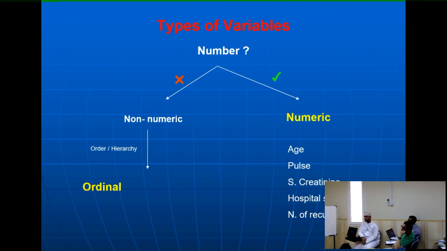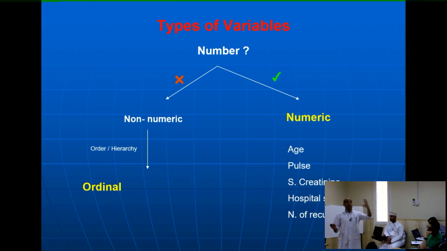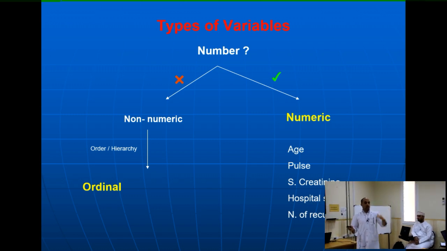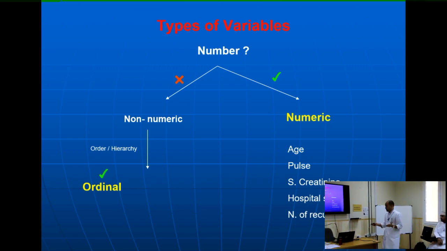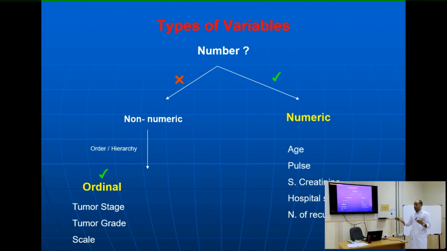Like stage, levels. Like grade 1 of the tumor, grade 2, grade 3. Stages of cancer, T1, T2, T3, T4. Can I say T1, T4, T3, T2? No, it is ordinal. Like tumor grade.